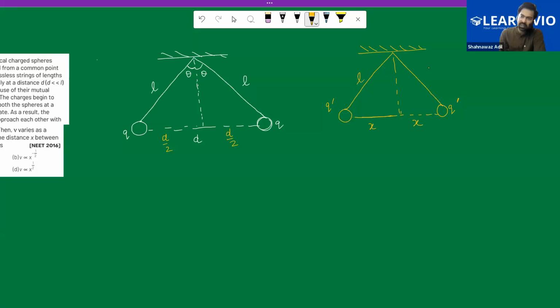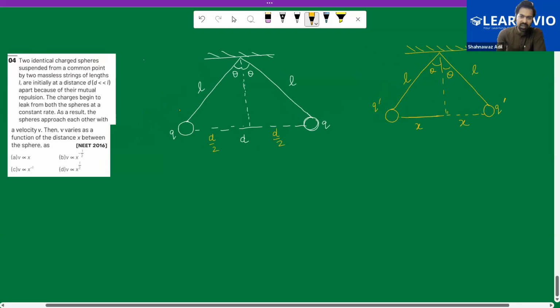This is L, and this is L. So the charge is depleted. Let's solve this equilibrium condition first, and then let's see what is happening, right? So this is the ideal case.